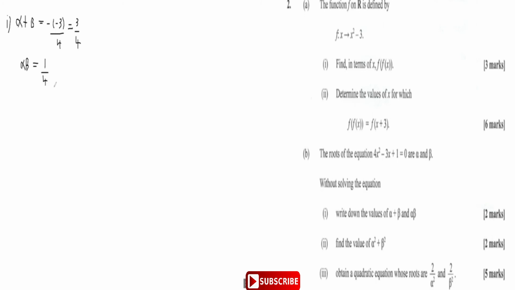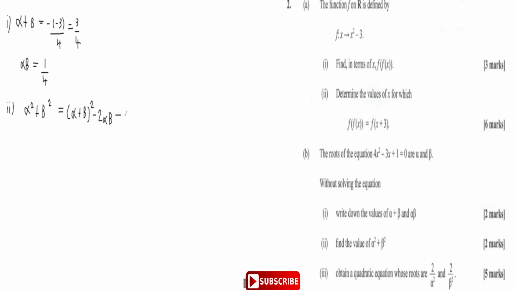Now the next part of the question says, find the value of alpha squared plus beta squared. There's a simple formula to work this out. Alpha squared plus beta squared is equal to alpha plus beta all squared minus 2 alpha beta. All you have to do now is put in what alpha plus beta is.